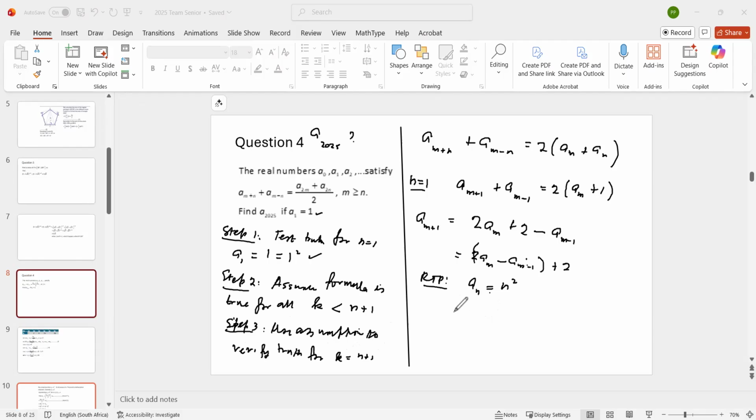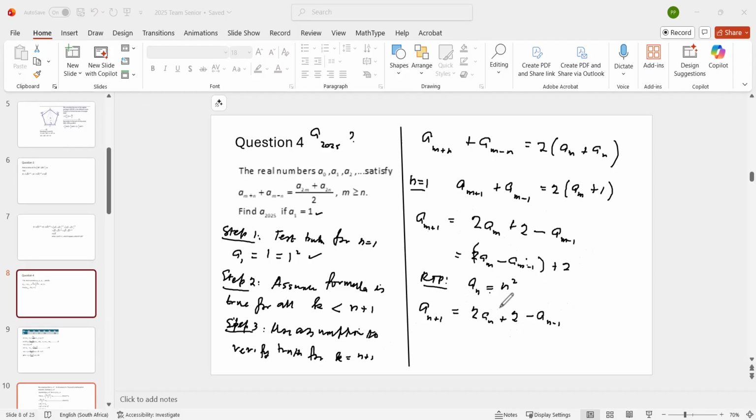That's what I need to do. So a subscript n plus 1, according to what we have done here, this is twice a_n plus 2 minus a_(n-1), right? Because we know that for all m, this is true. If I replace m by n, this is what I got.